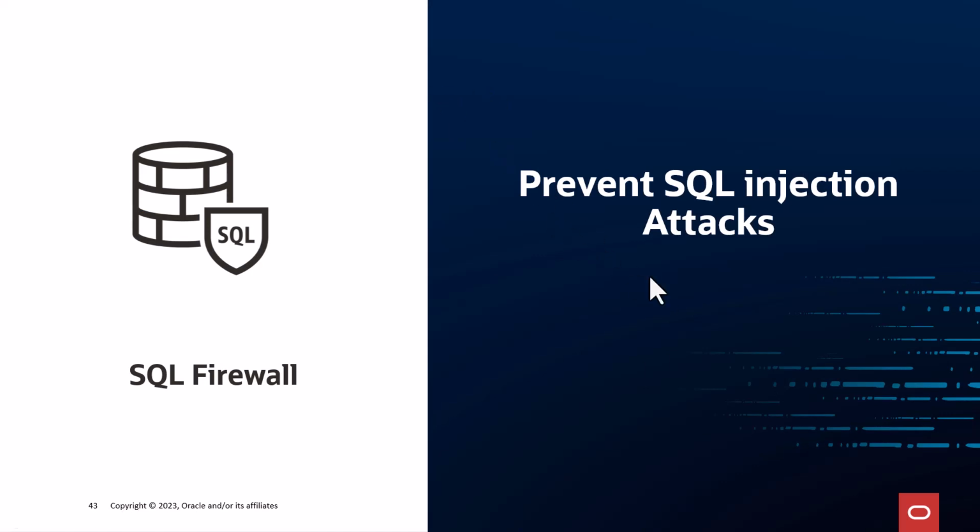One of the most interesting new features of 23C is perhaps the SQL Firewall that you can use to detect anomalies and prevent SQL injection attacks.